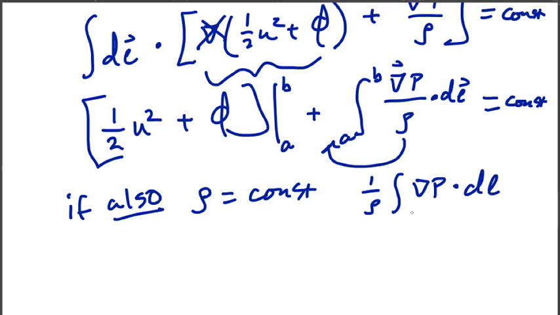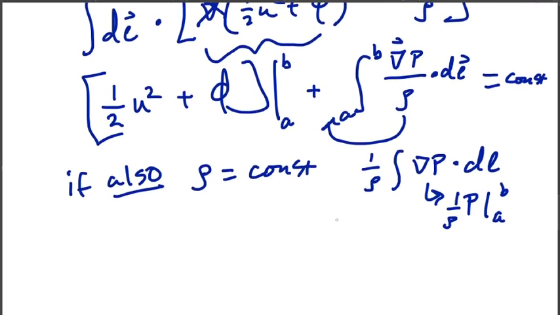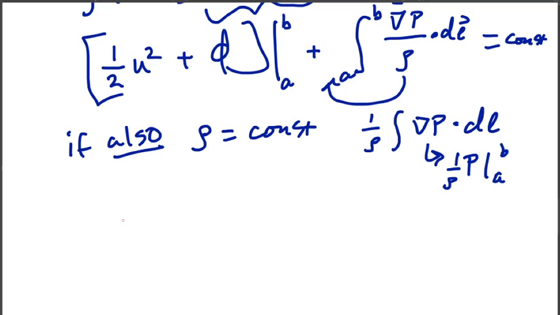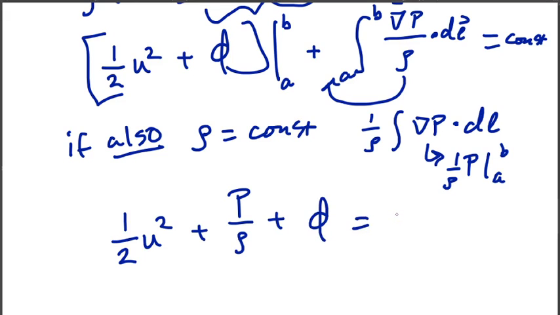And so that, again, turns into just p evaluated at A and B times 1 over rho. So if the density is also constant, we have the much simpler version: 1/2 u squared plus quantity p over rho plus phi is equal to a constant.